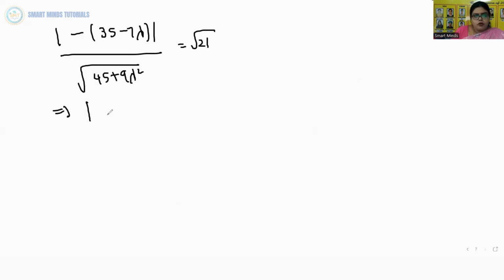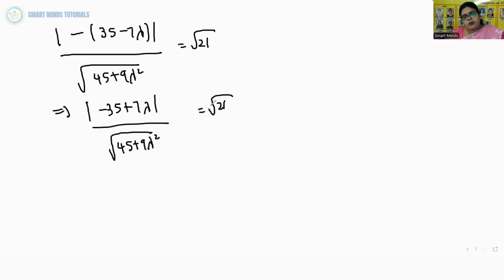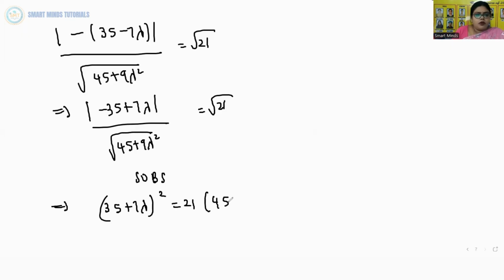So you get modulus of 35 plus 7 lambda by root over 45 plus 9 lambda square, which is equal to root 21. Now squaring on both sides to get rid of square roots, that is 35 plus 7 lambda whole square equals 21 into 45 plus 9 lambda square.